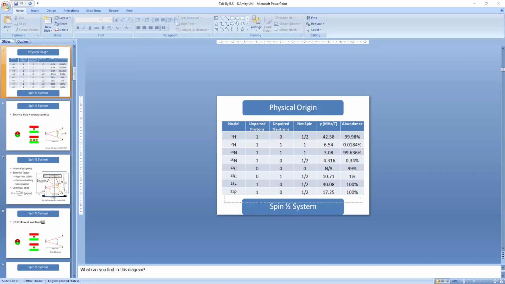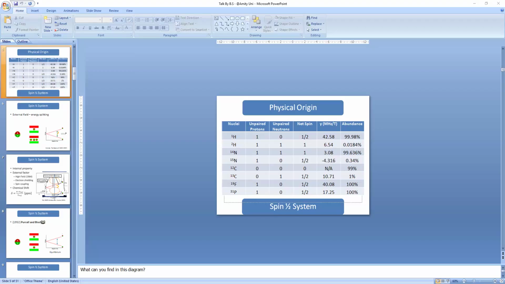So you can see on the slide, if you click once, the nuclei will shift from its ground state energy level to the excited state, and that is happening by absorption of the radio frequency region of radiations.